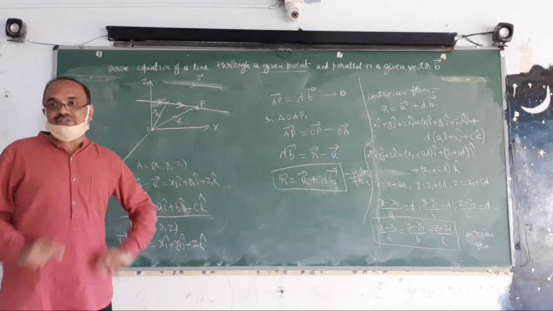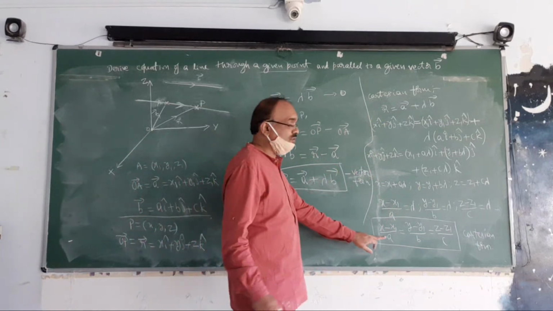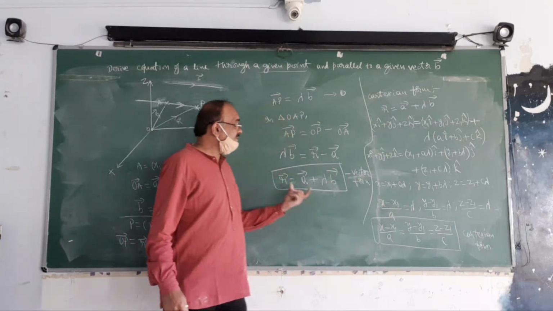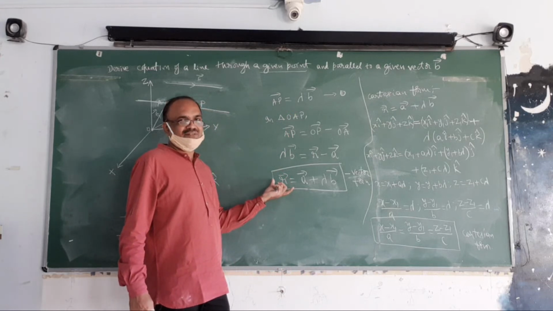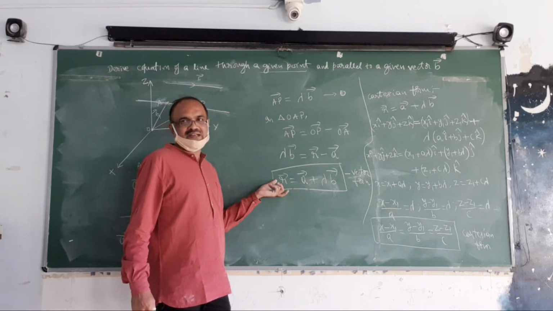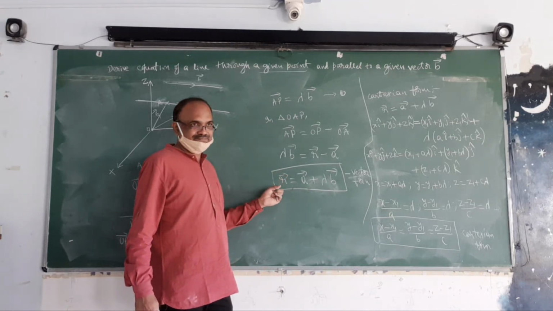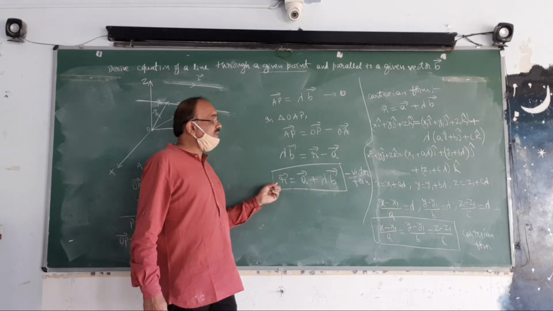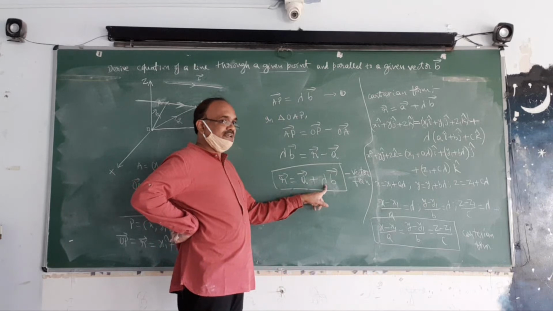The advantage of the vector form is, you see, in Cartesian form the equation is so long, but in vector form the equation is simple. That's the advantage of studying vector form. So what I would suggest is you remember things in vector form. Then from this you can easily get these things. In one step only you can get all of this.